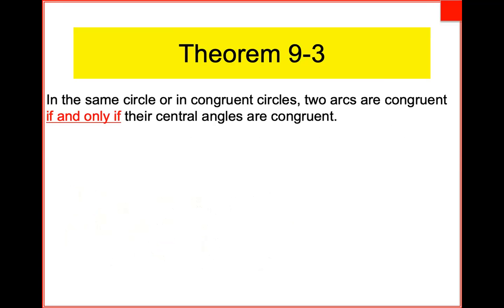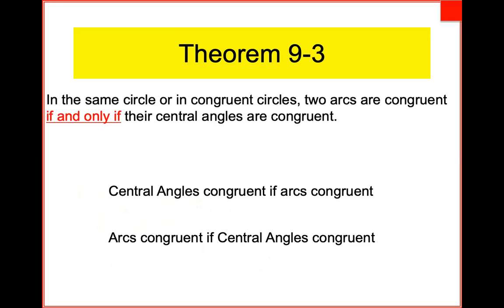All right. Write this down. This is a very, very, very simple theorem. Book of truth. This is, I believe, the only biconditional one in the entire book. Biconditional means it goes both ways. That's why there's an if and only if. In the same circle or in congruent circles, two arcs are congruent if and only if their central angles are congruent.